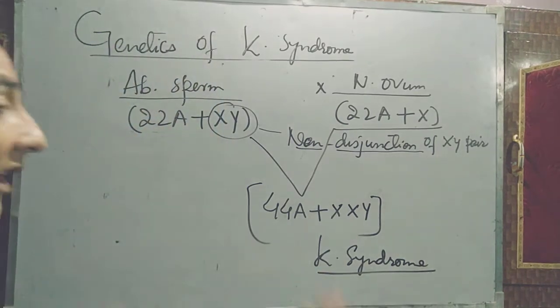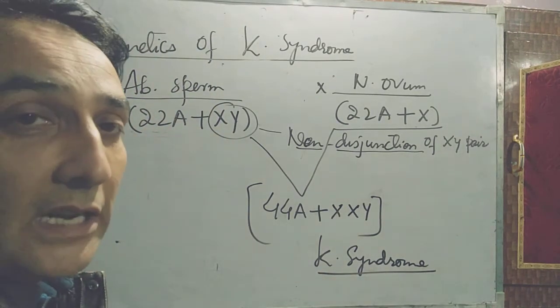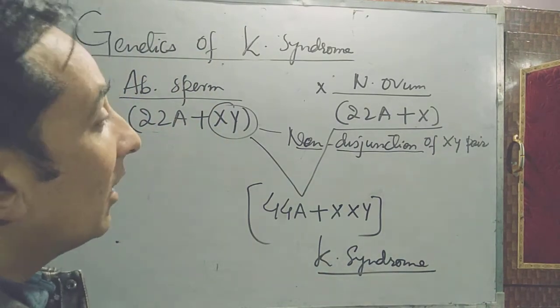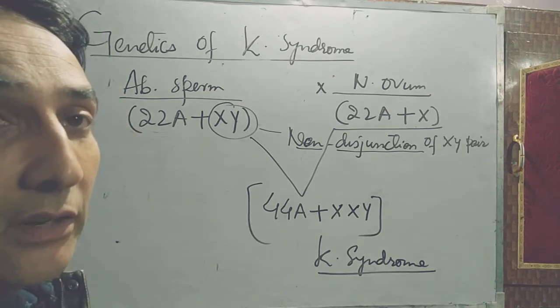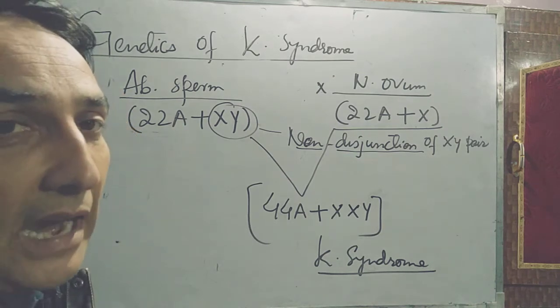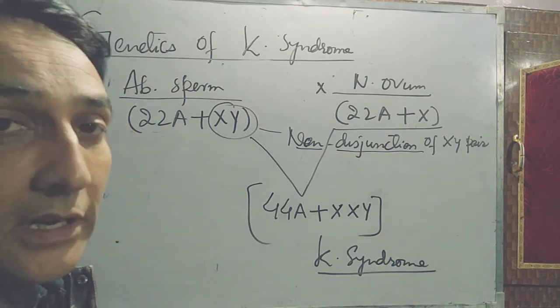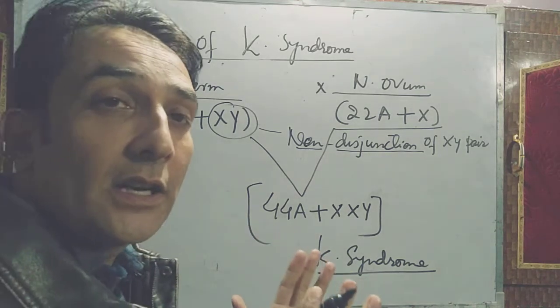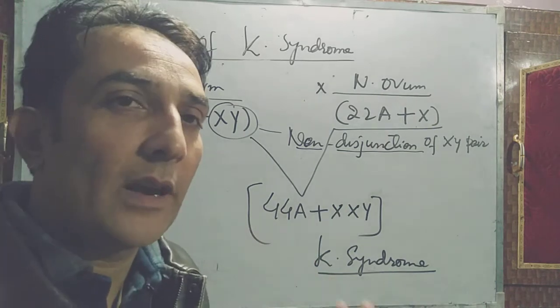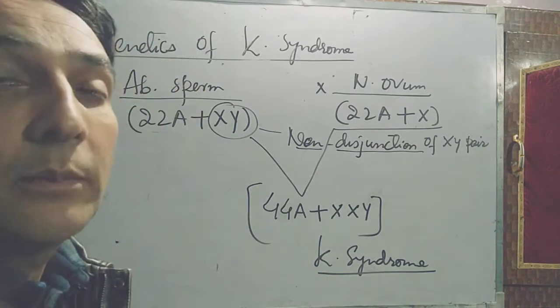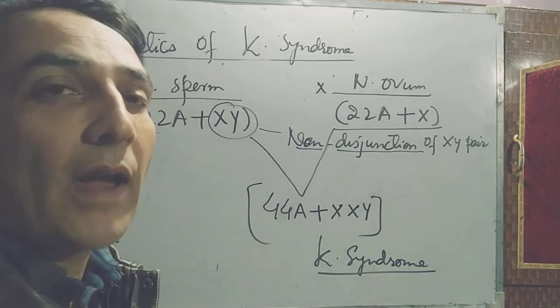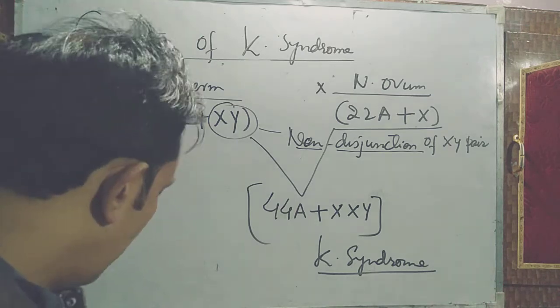So there are two conditions by which Klinefelter syndrome individuals are conceived. One is the condition in which the ovum is abnormal, in which XX non-disjunction has occurred, as we have studied in the first case. The second condition is in which the sperm is abnormal, in which the XY pair of chromosomes have failed to separate from one another during meiosis.